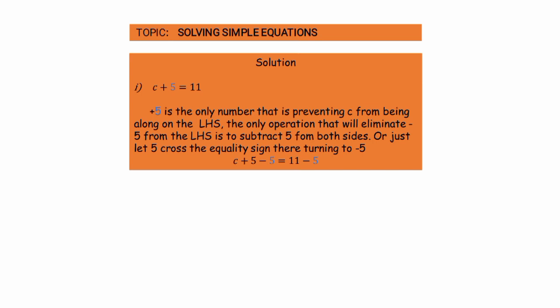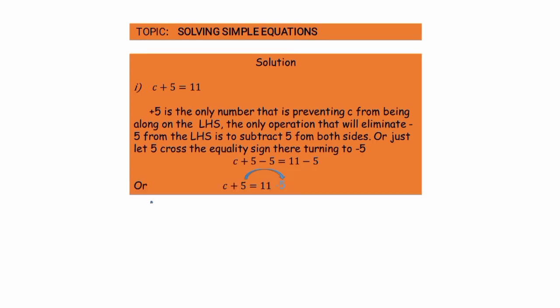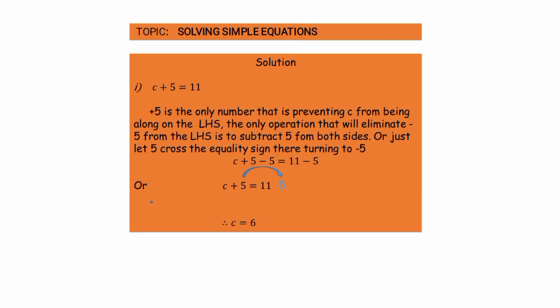The second way to do it, which is still part of the first method, is to make plus 5 cross over. This is just a method that was devised from the first method, which is much faster. If you have c plus 5, if plus 5 crosses the equality sign, it changes to minus 5.